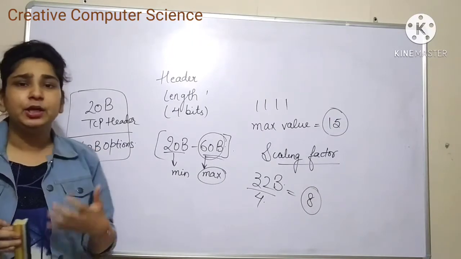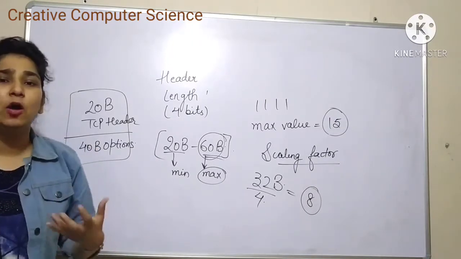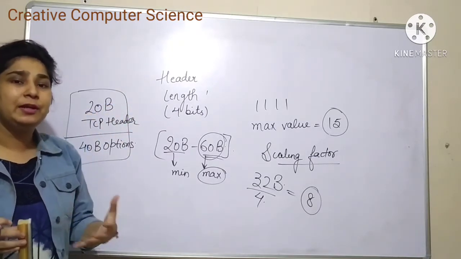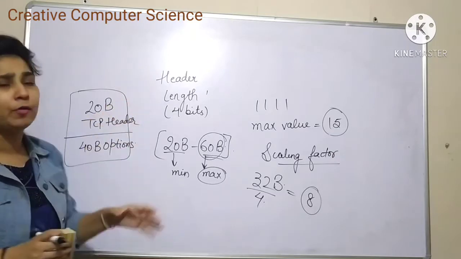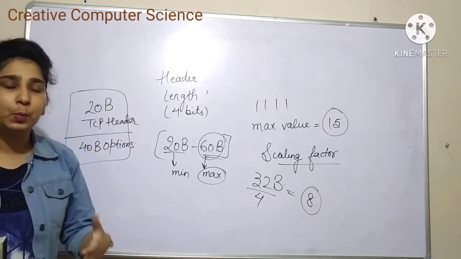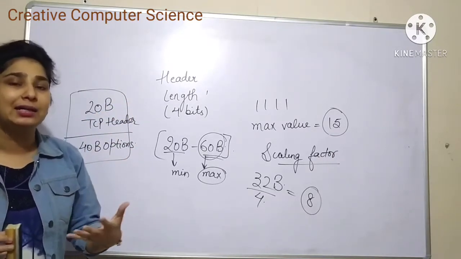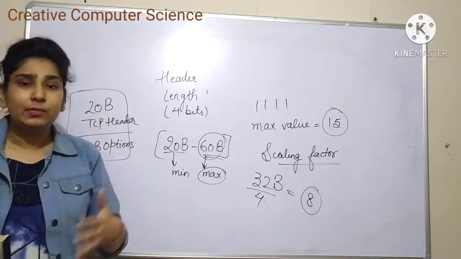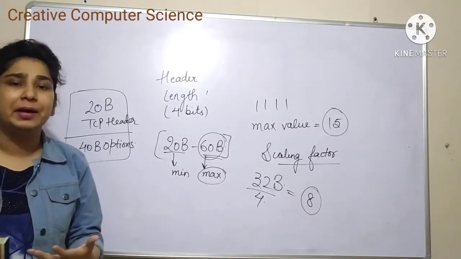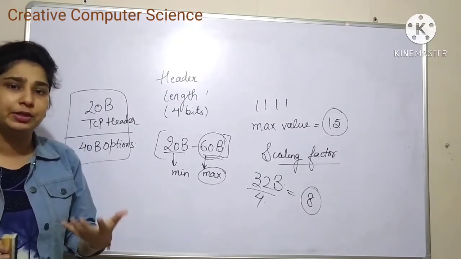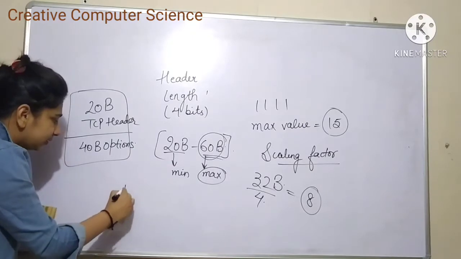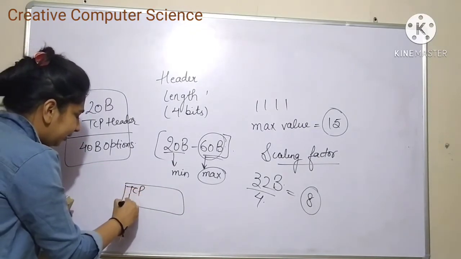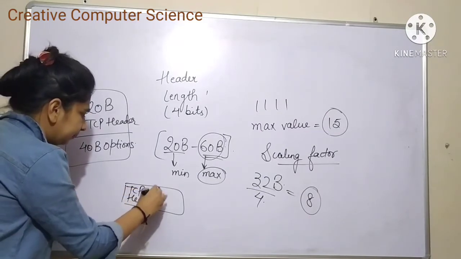Why do we need to place the total length of the header in the header length field? Because we have to differentiate between the length of the header and the data. We want to know where your actual data is going to start. Unless you know the header length, you cannot determine where your actual data starts. Because in your TCP packet you have the TCP header, then data.